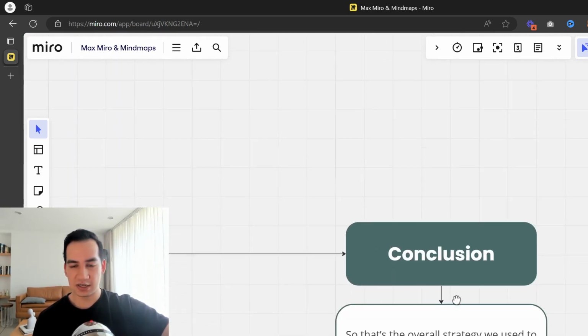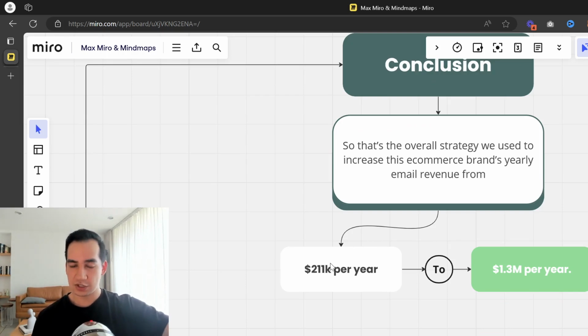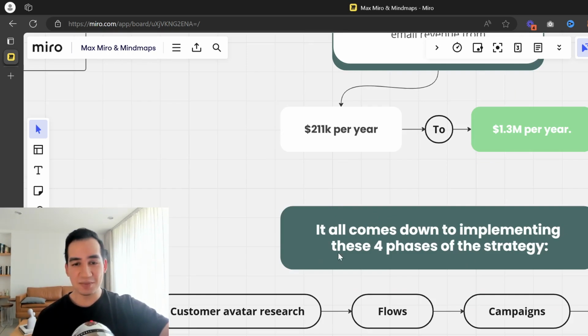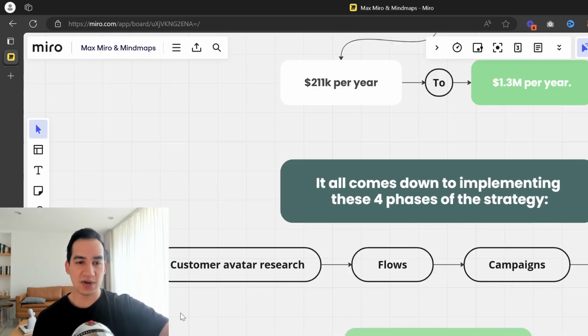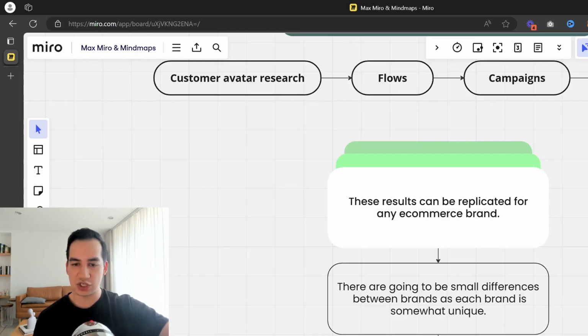To conclude this video, that's the overall strategy that we use to increase this brand's yearly email revenue from $211,000 per year to $1.3 million per year. Obviously, that has been a game changer for them. It all comes down to implementing these four phases of the strategy: customer avatar research, then flows, then campaigns, then optimization.